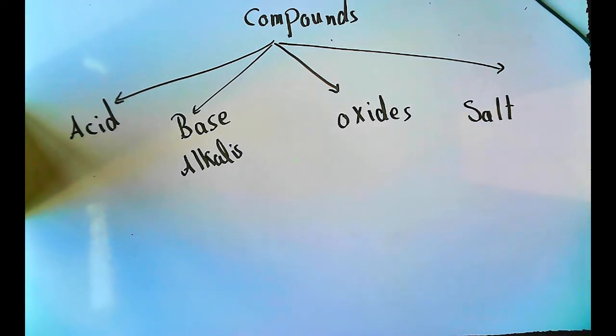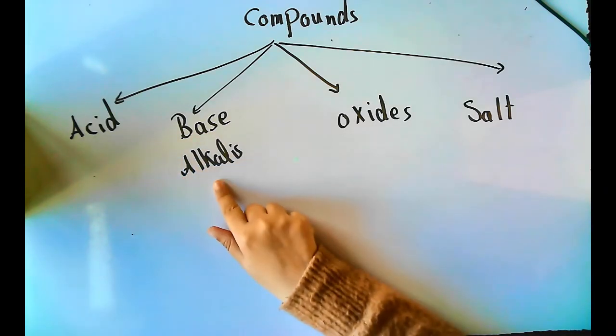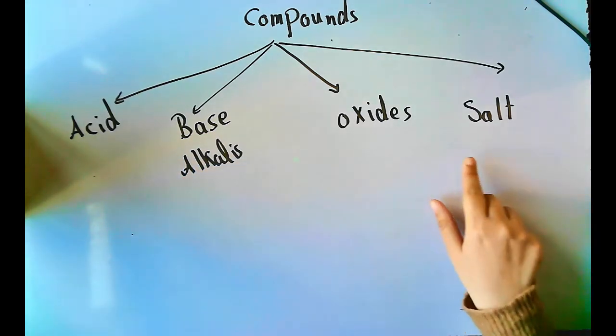As we studied in the first term, compounds have different atoms. In the first term, we studied the difference between element and compound. Elements have similar atoms, but compounds have different atoms. Today we will make a classification for compounds into acids, bases or alkalis, oxides and salts.